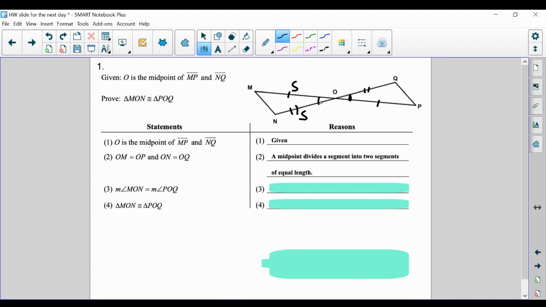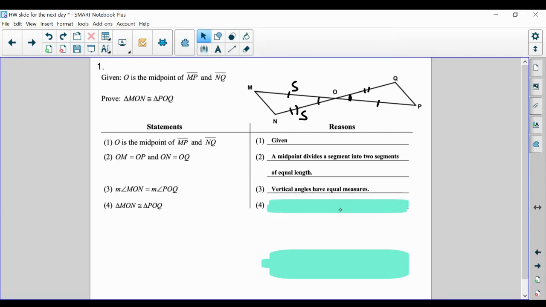Why are those two angles congruent? Do you see they are across from each other? What's that angle called? Vertical angles are congruent. You can write vertical angles have equal measures, or you can say vertical angles are congruent. You see, different ways to express the same meaning.